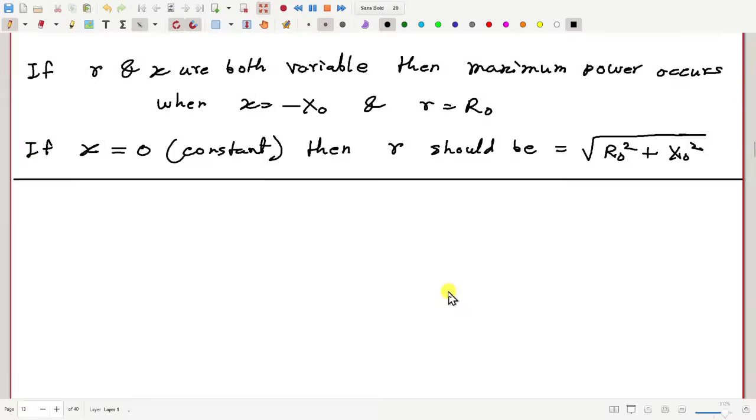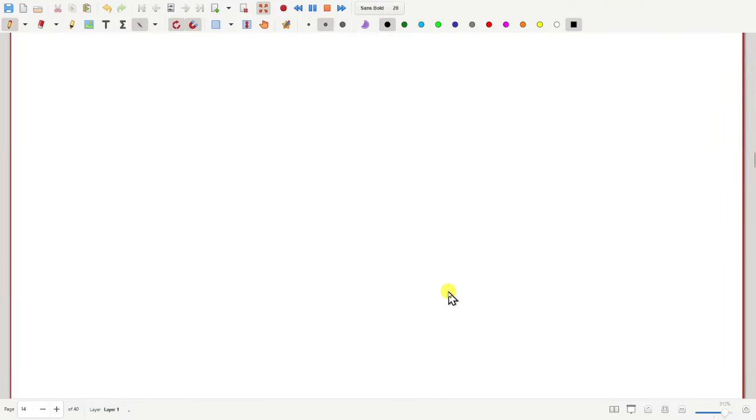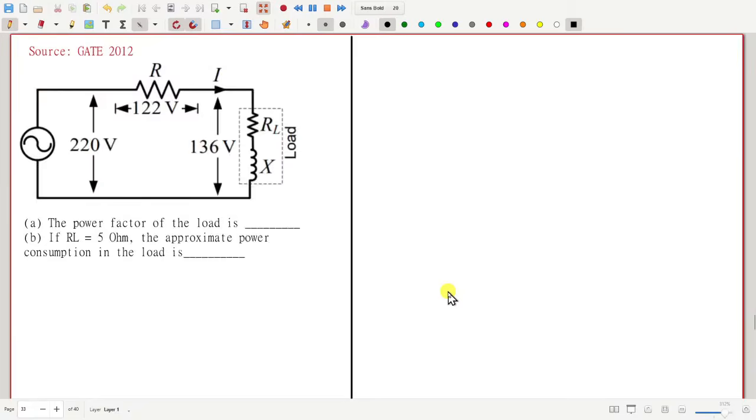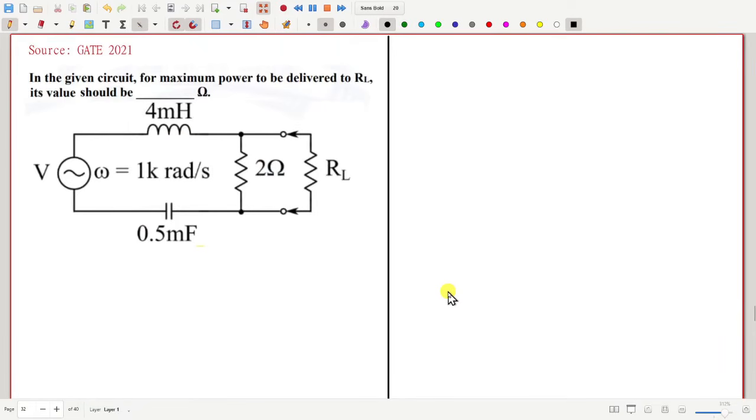Okay, so let us take an example problem. Here we have a given circuit. This resistance RL is the load resistance, variable.